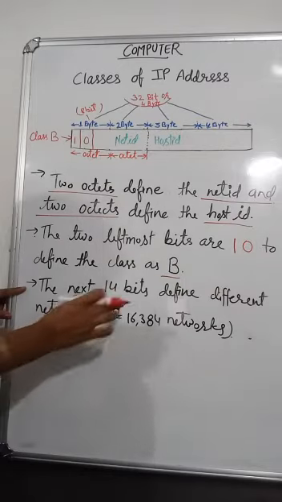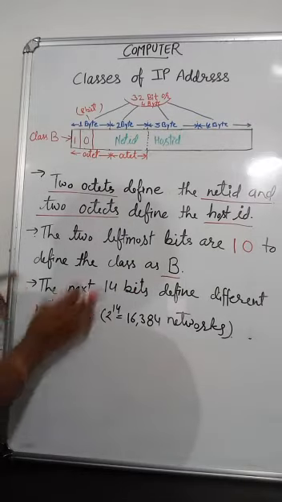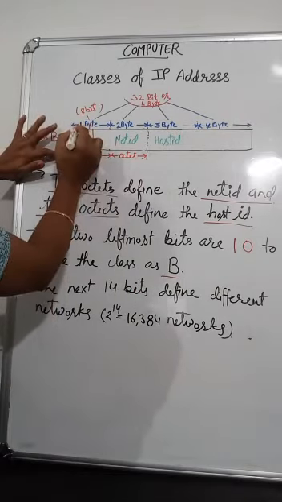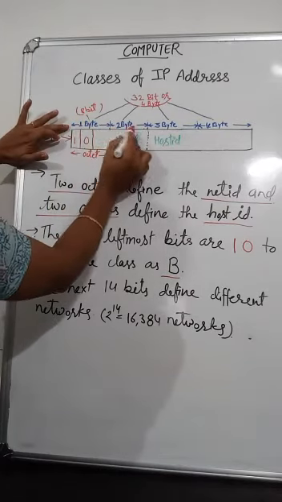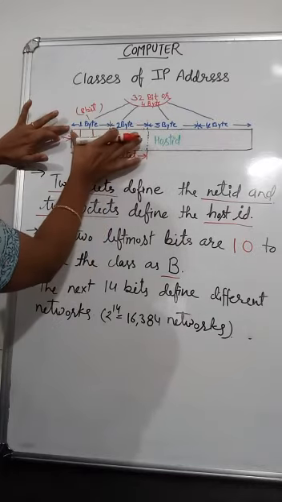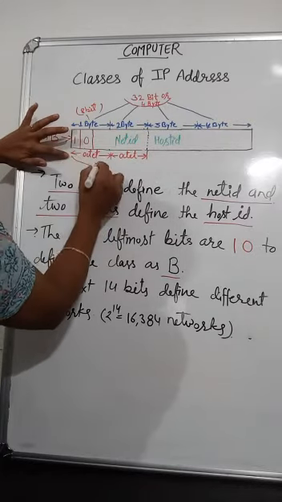The next 14 bits define different networks. 1 byte equals 8 bits and another byte equals 8 bits, so in total 16 bits.